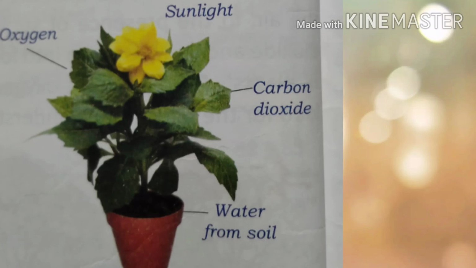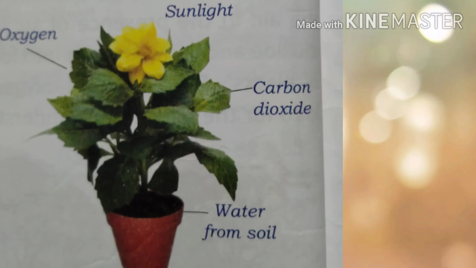So a part of which is used for the daily requirement of the plant, and the extra is stored in leaves. Oxygen released in the process goes into the air.